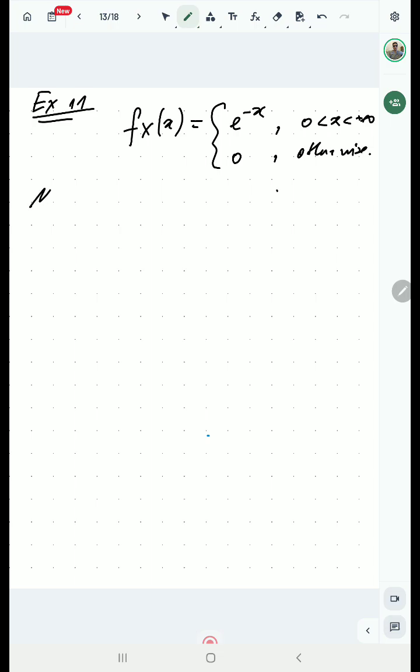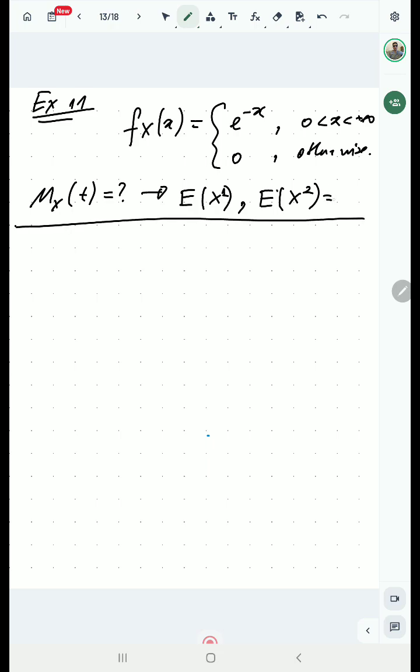We have to find M_X(t) first, and then, using the moment generating function, we have to find the first raw moment. The first raw moment means the expectation of X to the power 1. The second raw moment means the expectation of X to the power 2. If you are interested in the rth raw moment, that is the expectation of X to the power r.